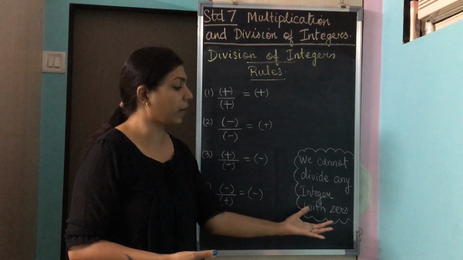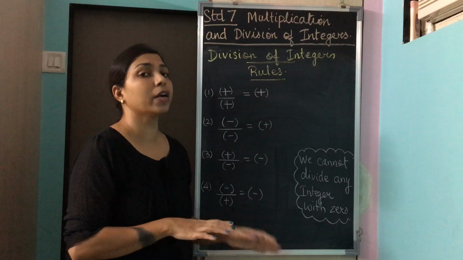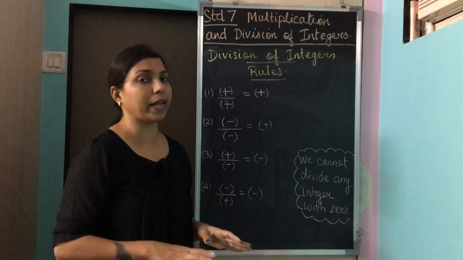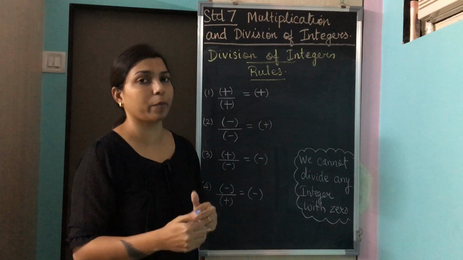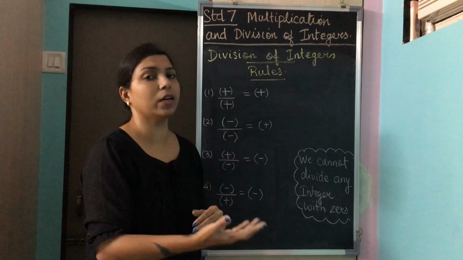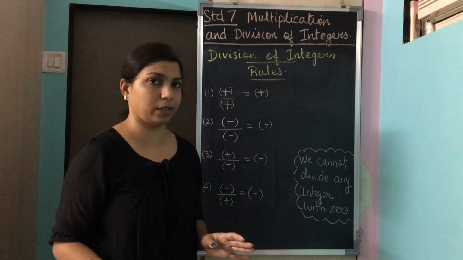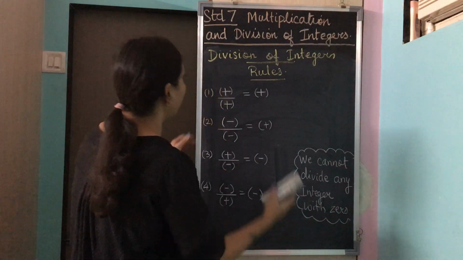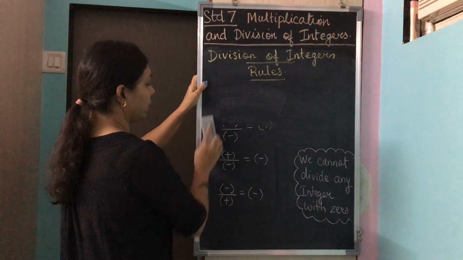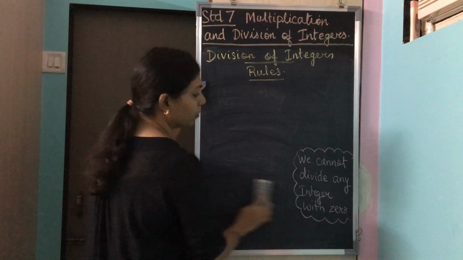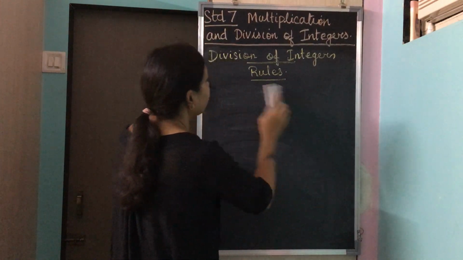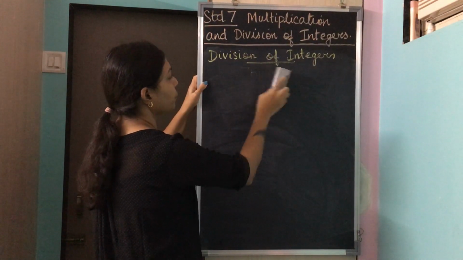But when we try to divide anything by 0, it is not possible. We cannot have 0 in the denominator and try to do the division. It is not possible to divide any number by 0. So we'll continue further, and I'll do some sums with regards to division of integers.